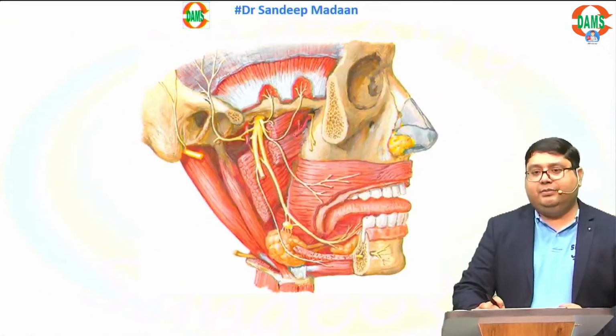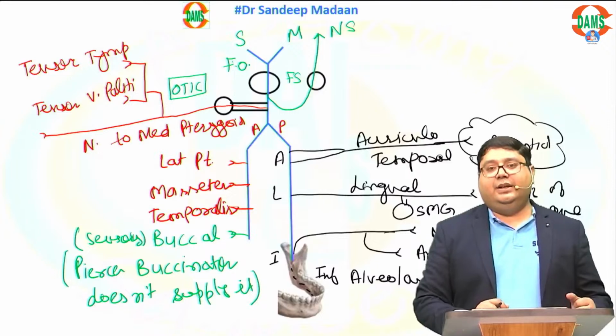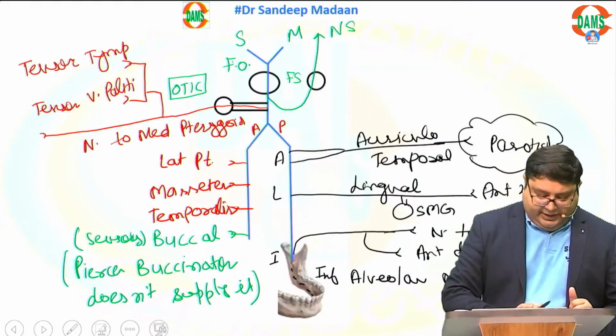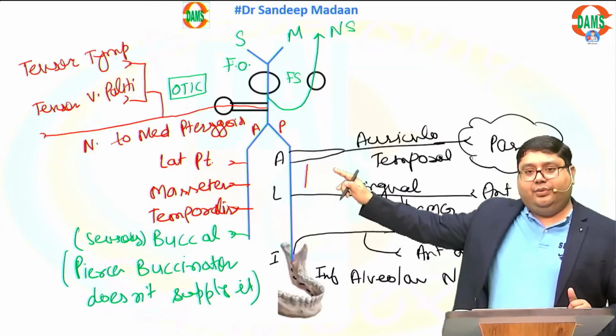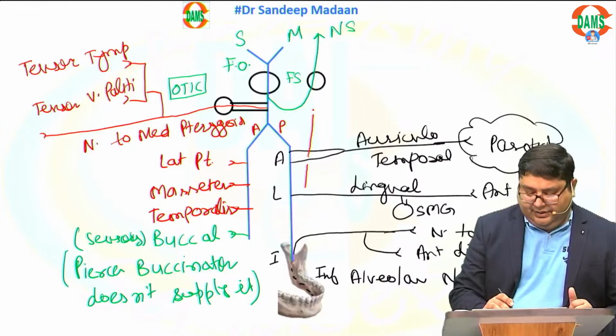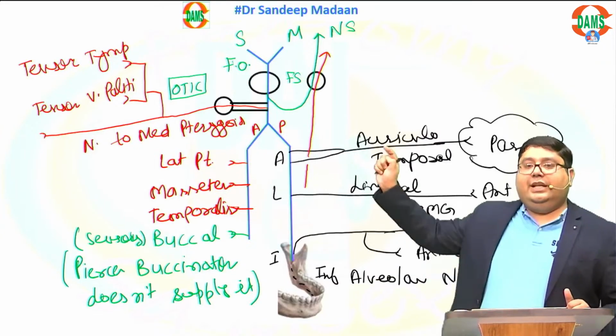But just before that, let me add one point in our schematic diagram, that if I add one artery, can you tell me what is the name of this artery which will be passing between the two roots of auriculotemporal, and then it will be coming out through the foramen spinosum? What is the name of this artery?